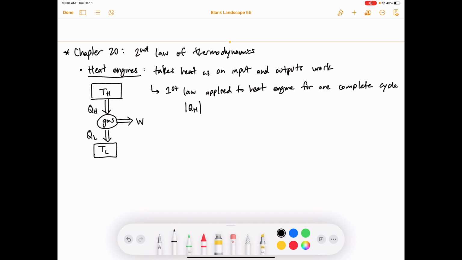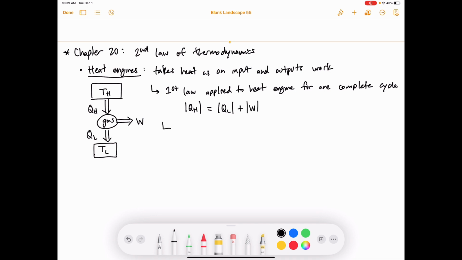The absolute value of QH is equal to the absolute value of QL plus the absolute value of W. Again, the idea behind this equation is the gas takes in some heat from the high temperature region, and then what does it do with that heat? It performs some amount of work W, but it also exhausts some of that heat into the low temperature region, which is QL. And this is just how we state that energy is conserved throughout the cycle.